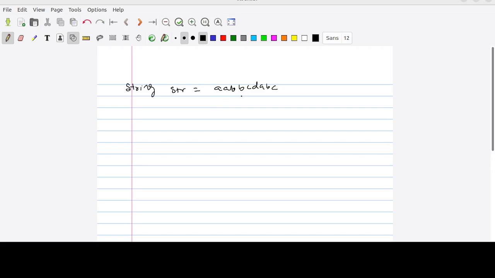So if we see here in this input, we have this string, right, with max length.